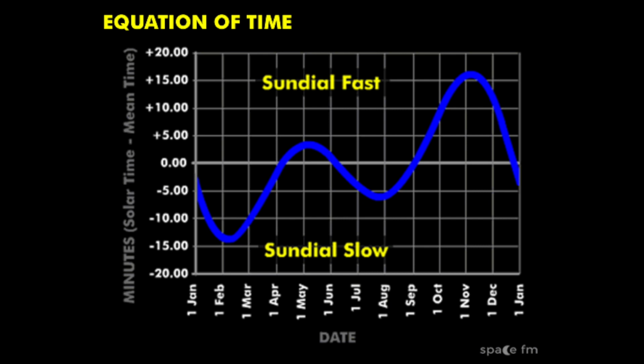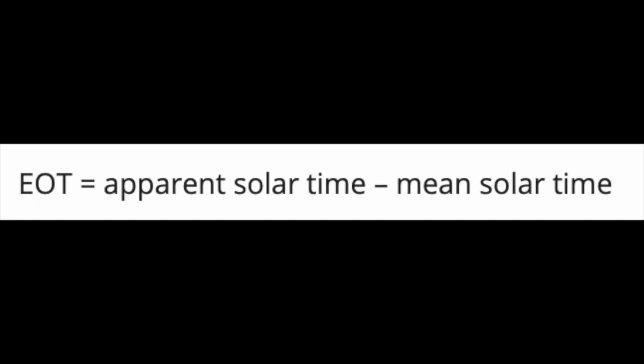So I've put an example of an equation of time graph on the screen now. The equation of time is equal to the apparent solar time, AST, minus the mean solar time, MST. When the EOT is positive, we say that the real sun is faster than the mean sun, and when the EOT is negative, we say the real sun is slow.